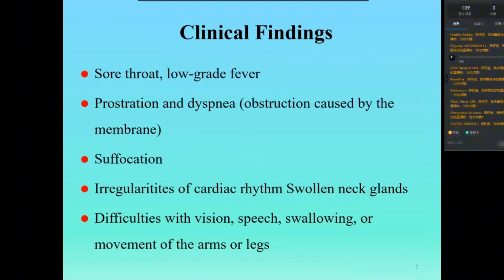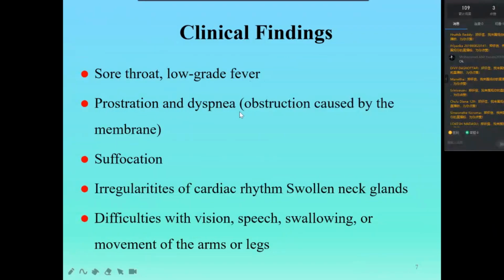For clinical findings, at the beginning there might be only some sore throat or low-grade fever. And with the development of the disease, the patient might go through prostration or dyspnea.